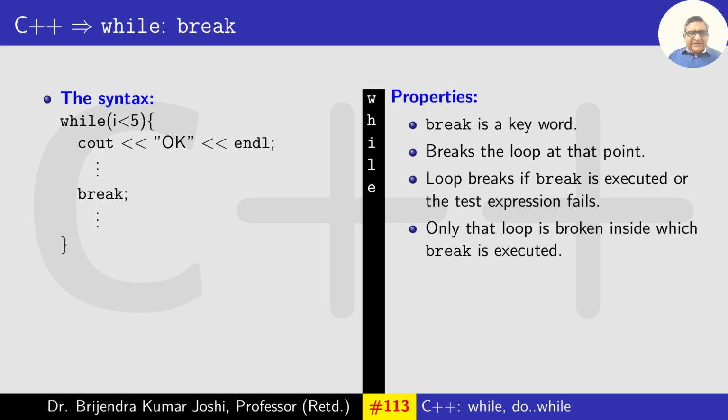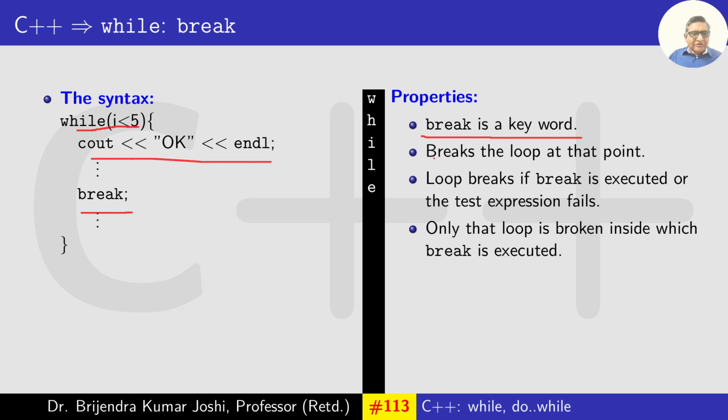Now the break statement. Its behavior is just like the break statement which we used in for loops. Again, same while, test expression, and other statements, and break. First of all, break is a keyword, so you cannot use break for any purpose except the purpose it has been defined for. The break breaks the loop at that point.